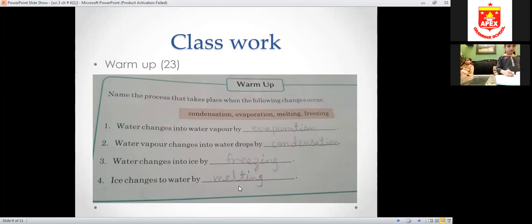Note it down. First one is evaporation. Second one is condensation. Third one is freezing. Fourth one is melting. I hope now everyone has done it.